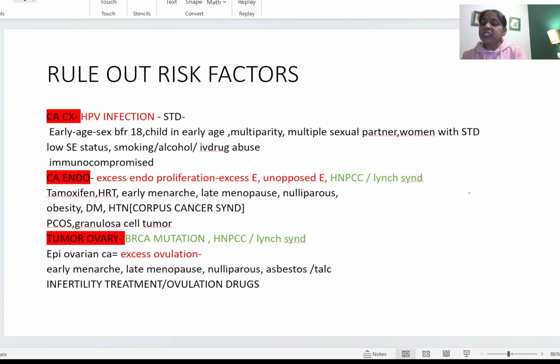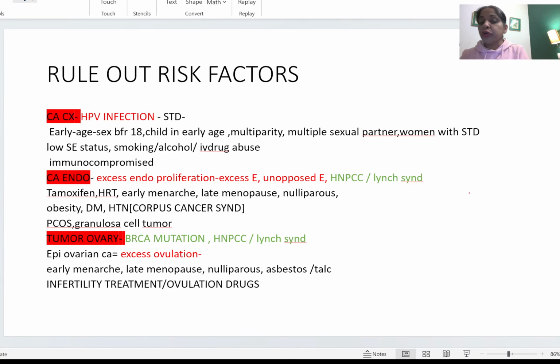In a patient of CA endometrium, what all risk factors will you rule out? The risk factors of CA endometrium are very, very important. Questions come only on CA endometrium risk factors.